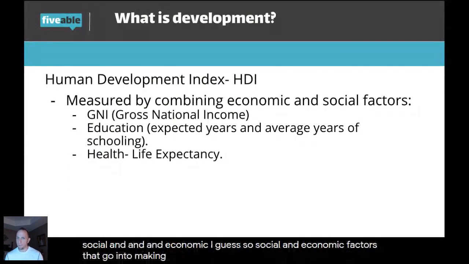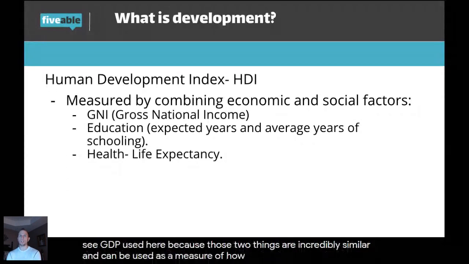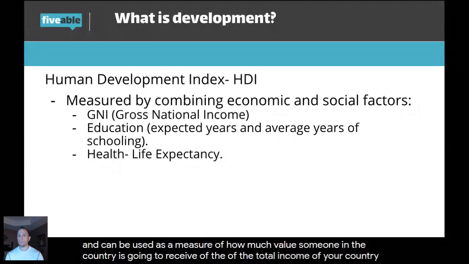You've got GNI, gross national income. Sometimes you'll see GDP used here because those two things are incredibly similar and can be used as a measure of how much value someone in the country is going to receive of the total income of your country. So when we look at GNI, the only difference between that and GDP is that GNI takes into account the money that might be made in other parts of the world, not just domestically within the country's borders.